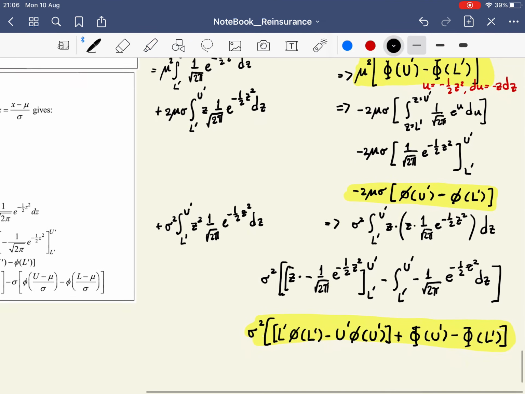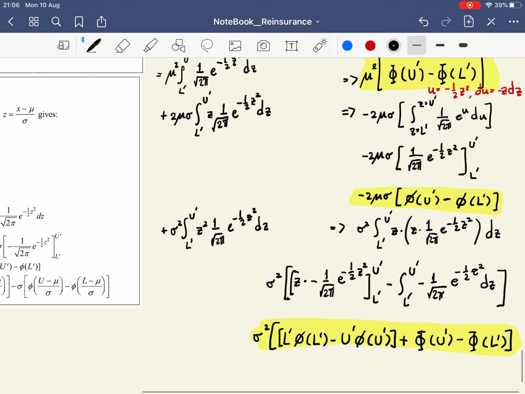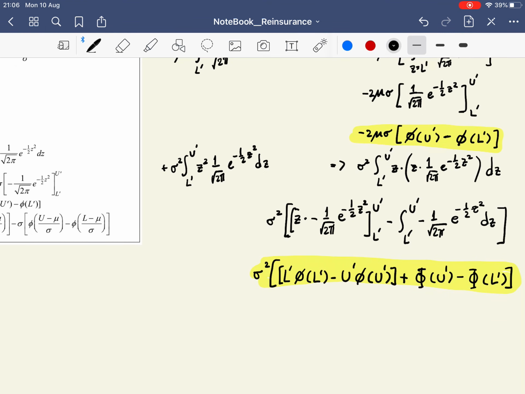So this is the answer. We can do a little bit of grouping. So the final result is mu square plus sigma square of the capital phi function of U prime, take away the capital phi function of L prime.